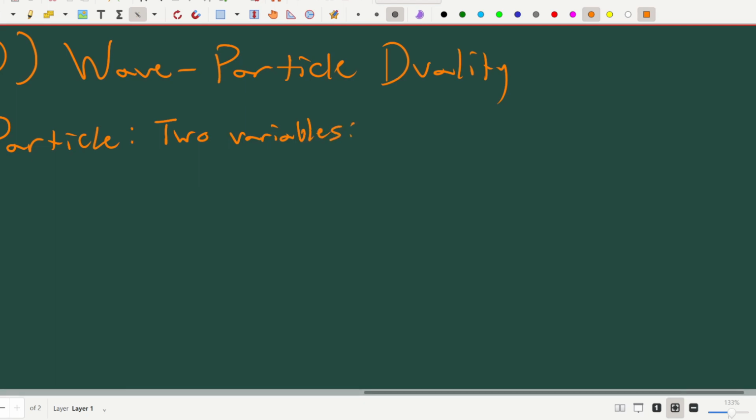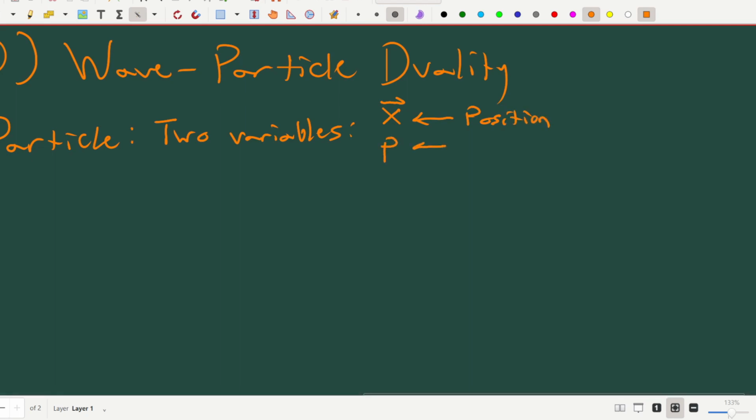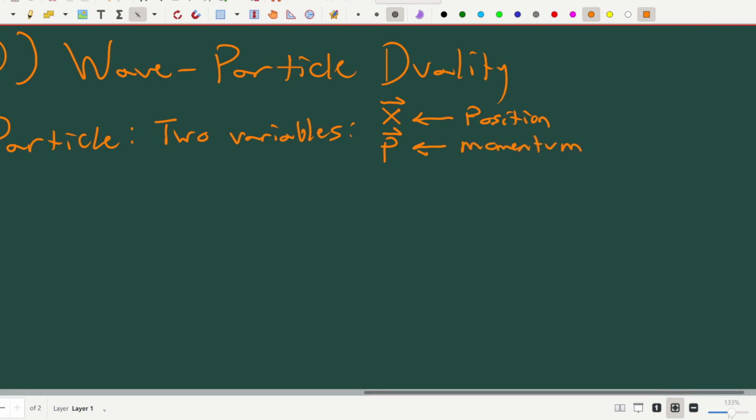And we learned this from physics. One, it could be defined by its position. So the x vector, this is the position. And the momentum. We'll use momentum in this class. You might think, okay, well, maybe we can use velocity instead.